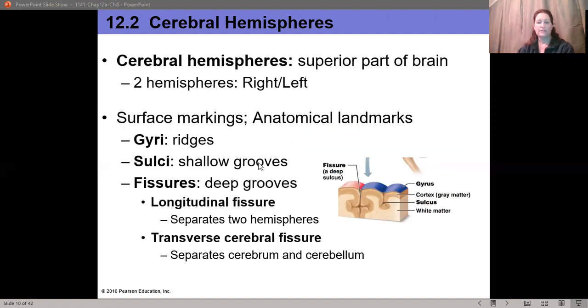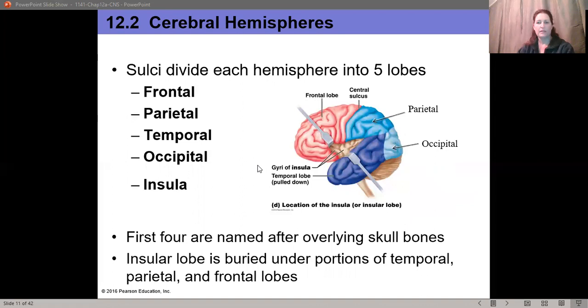The sulcus that you will need to know is called the central sulcus. It's going to divide the frontal lobe and the parietal lobe. And it's also very important. It's structural, but it's also very important functionally because it divides the motor areas from the sensory areas. That's why we make you learn it.